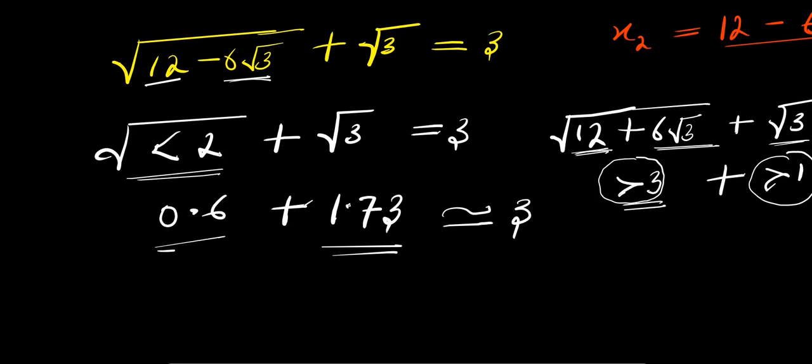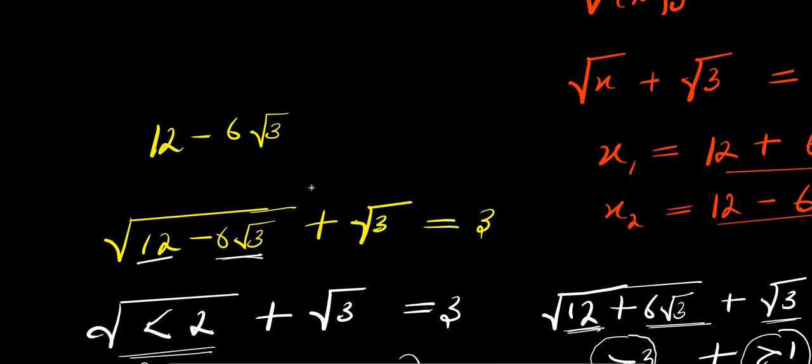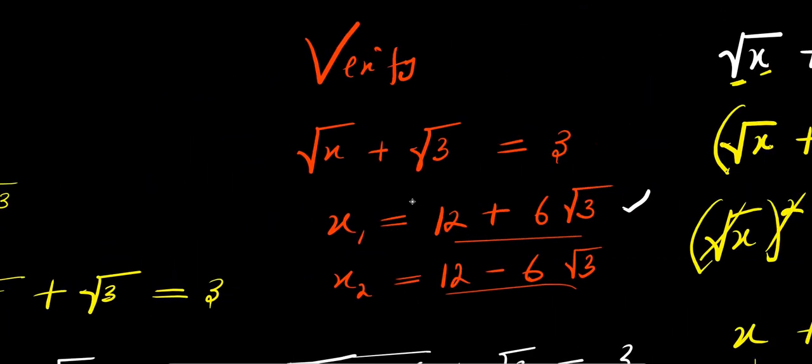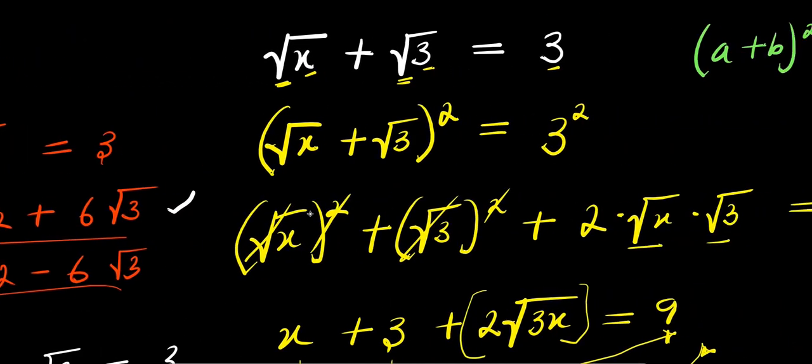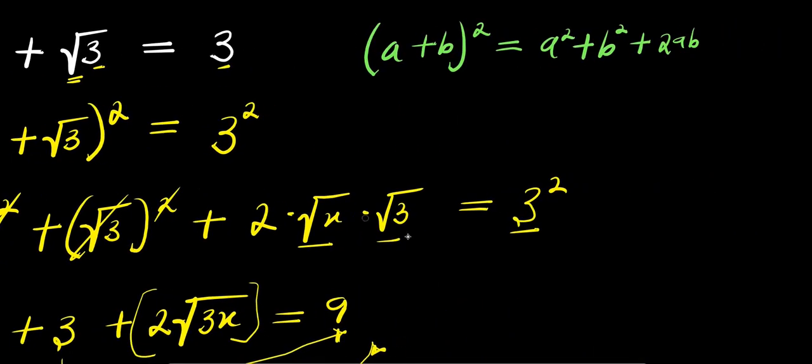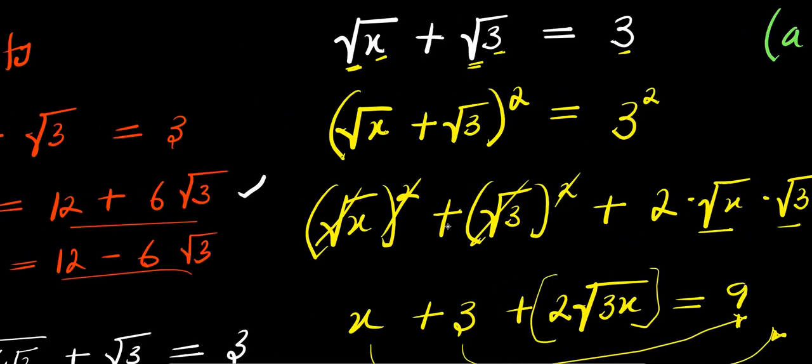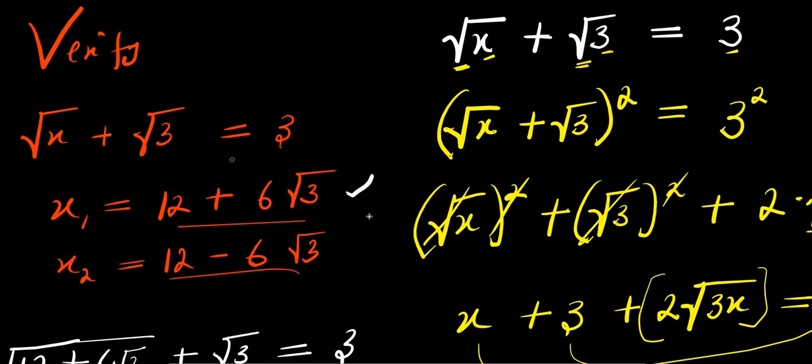So this is very close to 3 based on what we have done, but we are not using a calculator. So all these are ways of verifying the solution, but the one that is giving us a very close approximation is 12 minus 6 root 3. So I feel this is the correct answer based on what we have done so far. So the value of x that satisfies this equation is 12 minus 6 root 3, not 12 plus 6 root 3. So that's it. Thank you and goodbye.